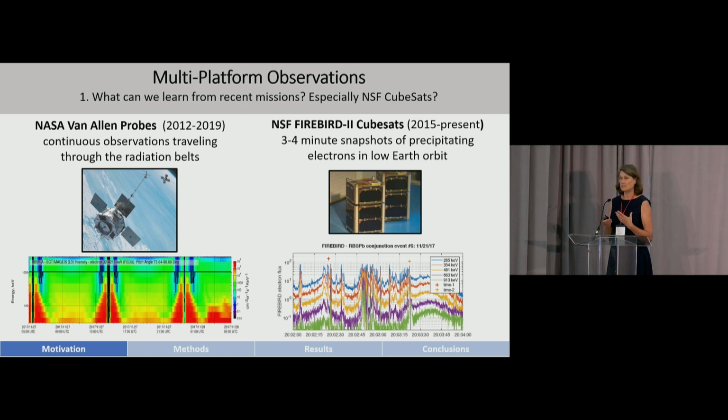And these really give 3 to 4 minute snapshots of precipitating electrons, just at the top of the atmosphere. So the question was, how can we use these two platforms to better quantify electron precipitation into the atmosphere?